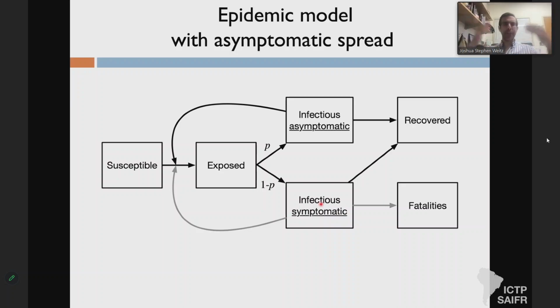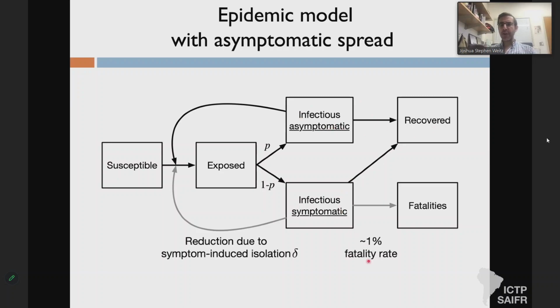And you could imagine I write down the system of equations, which I don't even need to do at present. Amongst the symptomatic individuals, a fraction will lead to fatalities, a small fraction, maybe on the order of 1%, and the rest will lead to recovery, whereas all the asymptomatic people will recover.